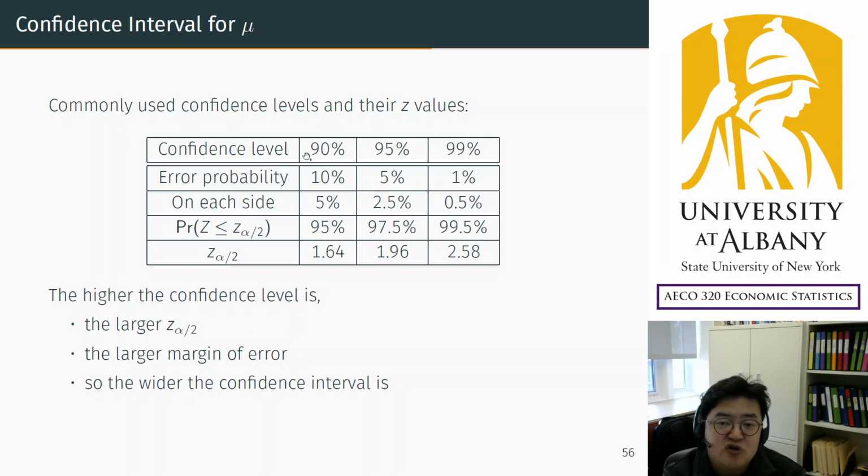Anyhow, if you choose 90%, that means error probability is 10%, and that means overestimation, the probability that the true parameter is greater than your interval, is 5%, and underestimation is also 5%. So overestimation and underestimation each has 5% probability.